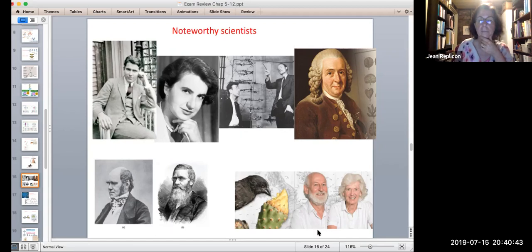And then these individuals are Peter and Rosemary Grant. I just figured I'd show pictures of them too. We talked about them because they were able to verify natural selection with beak sizes and the changing of beak sizes with weather conditions on the Galapagos Islands. So they verified Charles Darwin's work on the Galapagos and natural selection and evolution.